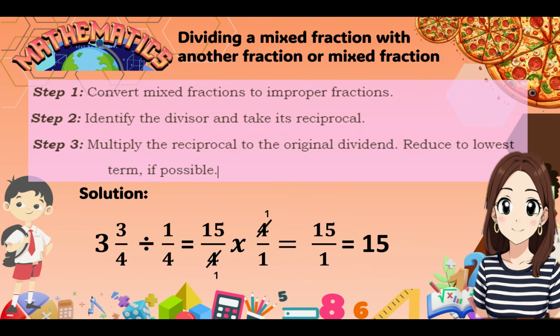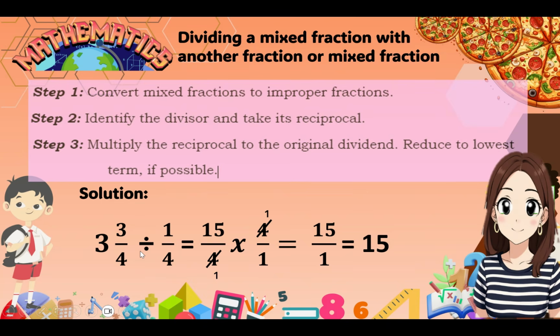Now the solution. For example, 3 and 3/4 divided by 1/4. Change first the mixed fraction into an improper fraction. So multiply the denominator and the whole number, then add the numerator. 4 times 3, we have 12, plus 3 equals 15. Then copy the denominator 4.